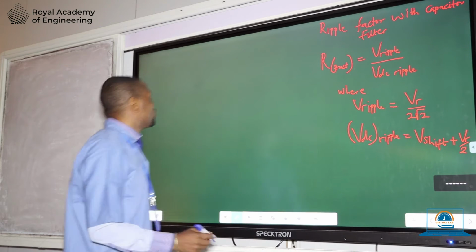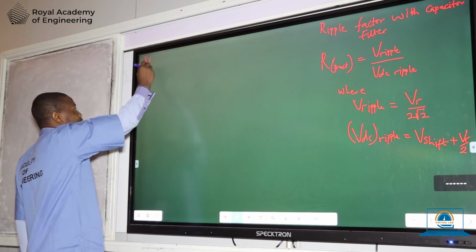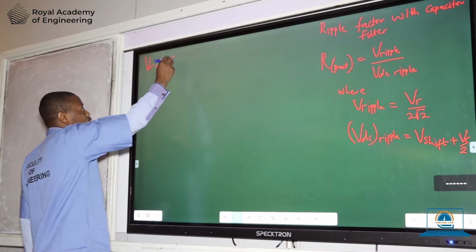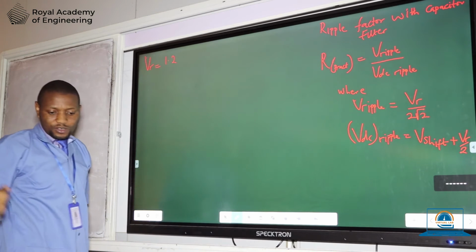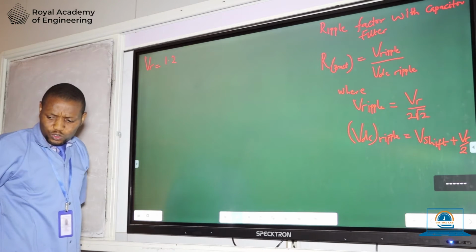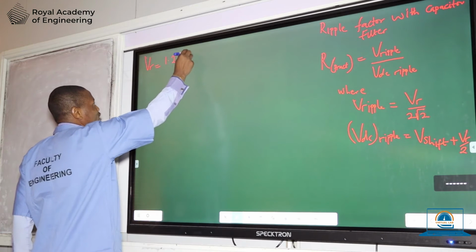From our oscilloscope, we observe that our VR is equals to 1.2 and is on 2 volts as our oscilloscope, so we multiply this by 2.